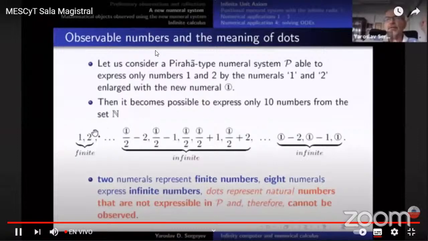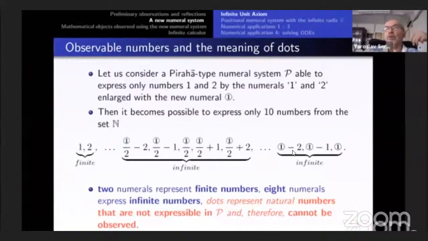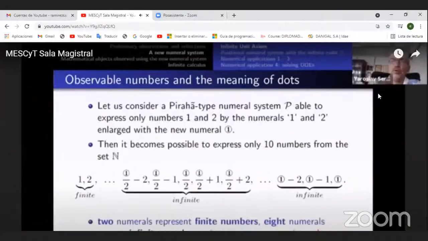And the correct answer to the question, what is the result of 1 plus 2, is this numeral system, only with these numerals, is too weak to express the result. We need to express more numbers and to introduce a stronger numeral system. So instead of saying that this is a huge and difficult mathematical problem, we say our instrument is too weak. It is not adequate for this problem. It is necessary to substitute the instrument.